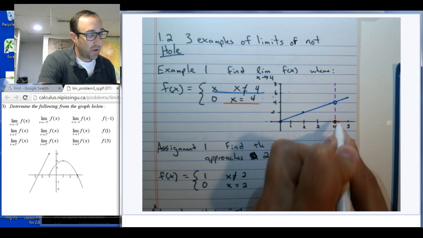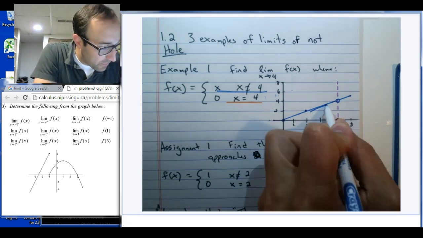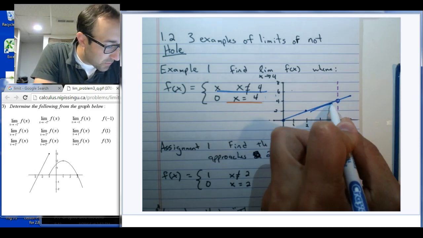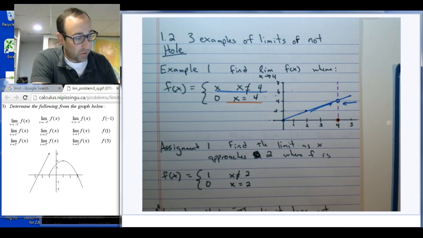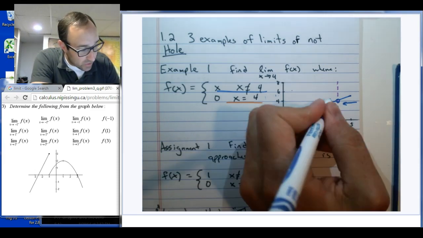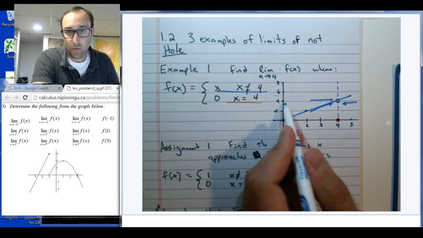Interesting. So what we have here now is that I go from the left side as I'm approaching this way, and I'm going from the right side as I'm going this way. What number am I getting really, really close to? Well, I'm getting really, really close to 4 when x equals 4, right?